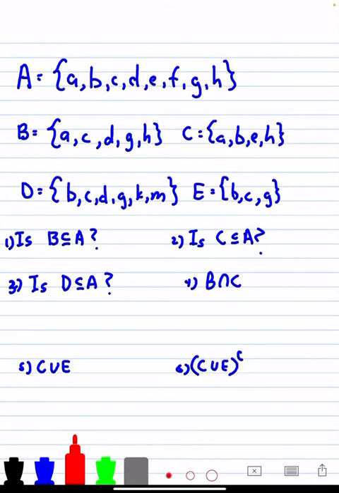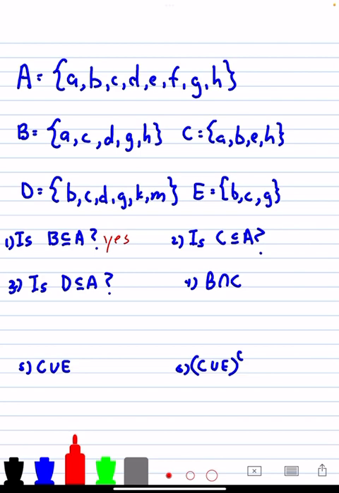Yes, because B has A, C, D, G, and H. All of these elements are also elements of A. So it's just a smaller subset. It's basically a subset or a subgroup of the larger set.